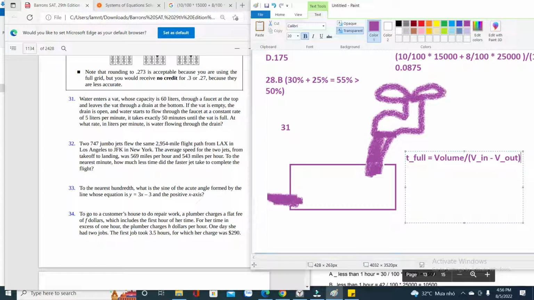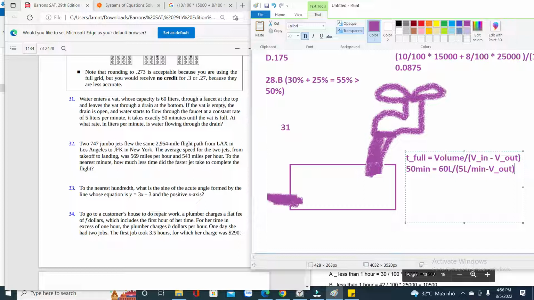So we know that T full is 50 minutes, and volume is 60 liters, divided by velocity in. We know it's pouring in at a constant rate of 5 liters per minute, minus the out. With this equation you can solve for the out, right?